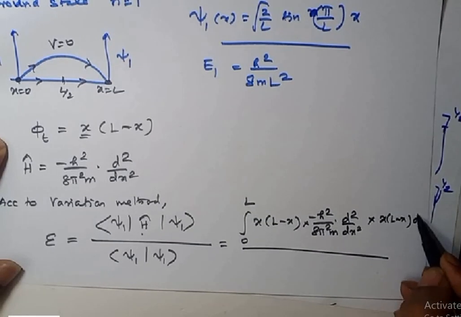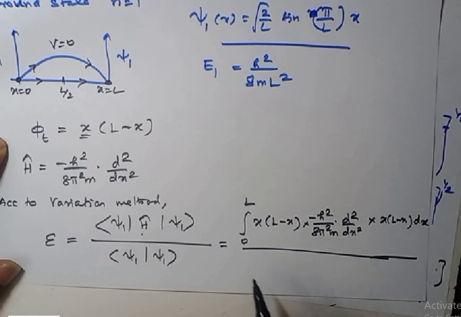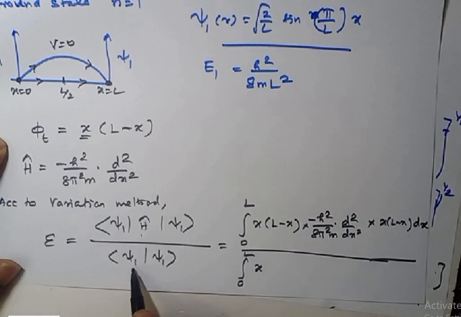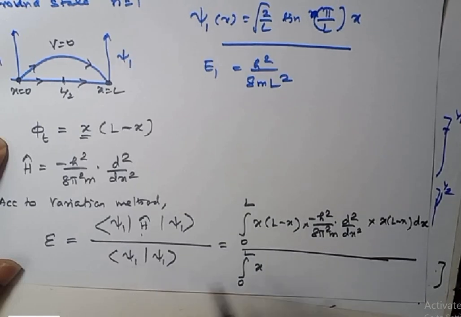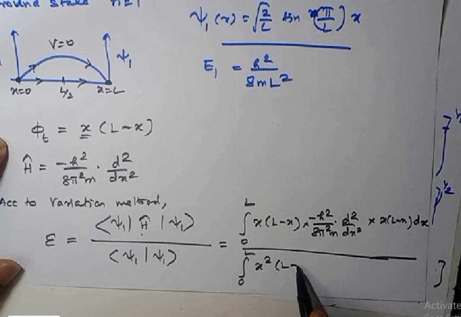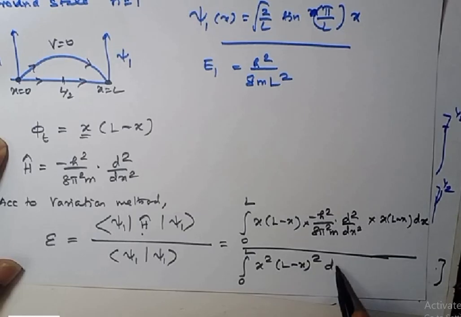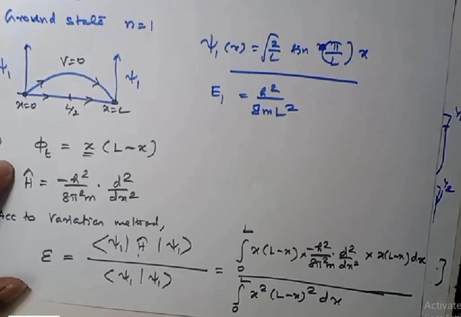Since it is a 1D box, you should put dx, divided by the integral from 0 to L. In the denominator we have psi 1 and psi 1, so we get x square into L minus x the whole square into dx.